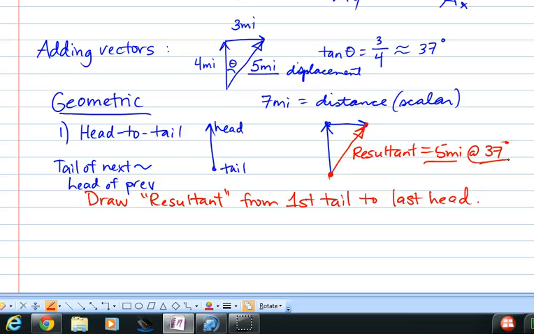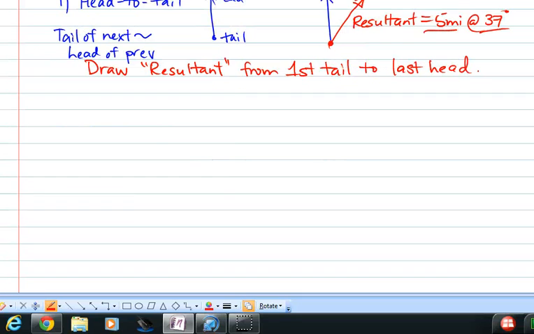Okay, and the great thing about doing head to tail is that if you have multiple vectors that you want to add, like for example, let's say that I went 4 miles north and then I went 3 miles west and then I went 4 miles southeast, and then I went another, oh maybe that's more, maybe that's 5 miles southwest.